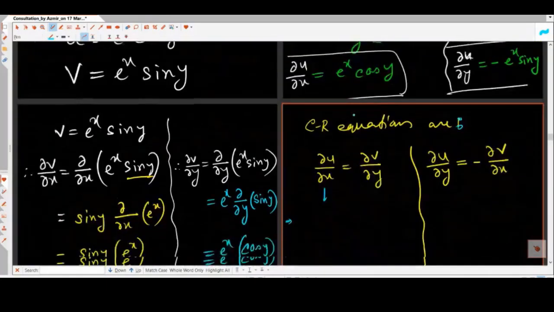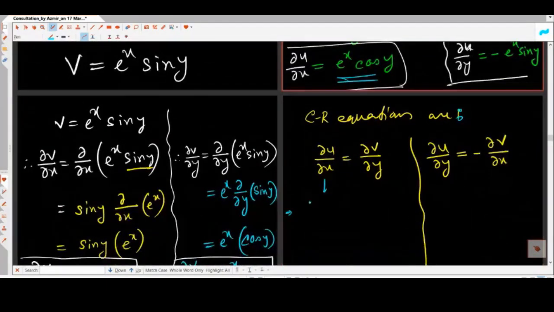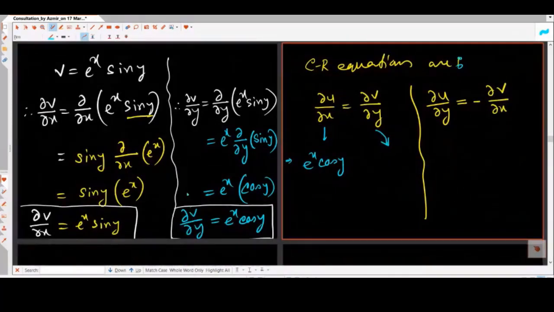This is e to the x cosine y. So in left side, we have this one. On right side, we need to have dv dy. So where is dv dy? It is this one. It is also found to be e to the x cosine y. So in left side and right side, we have the same terms. So that means the first equation is satisfied.